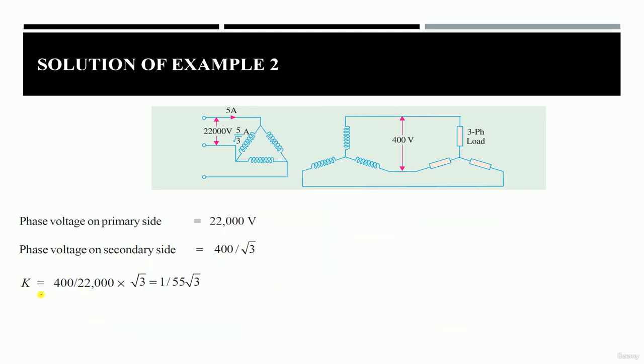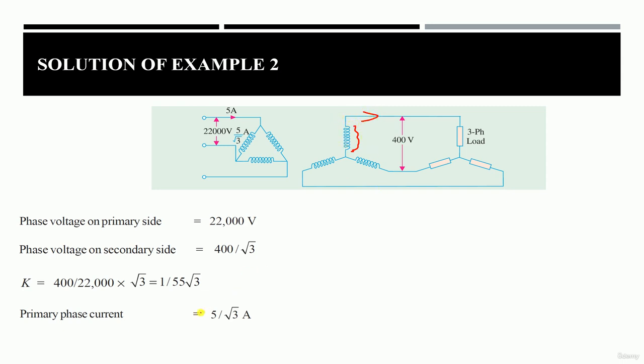Now, how can we use this turns ratio? First, we will get the secondary phase current. What's the value of the phase secondary current, which is the secondary line current? They are similar to each other.